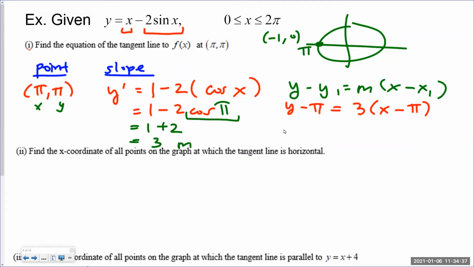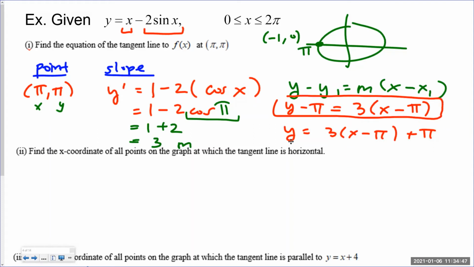Sometimes though, they'll ask you for y equals, and all that means is that you would add pi to both sides if you wanted y equals. Okay, this is the point slope form. And this right here, I guess you'd have to distribute it, would be the slope y-intercept form, which is what you guys are more used to.